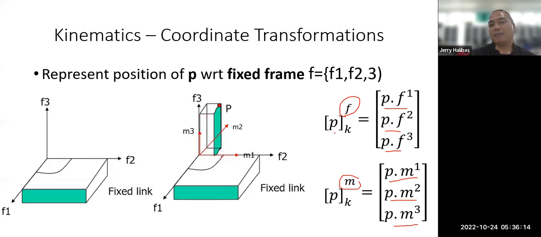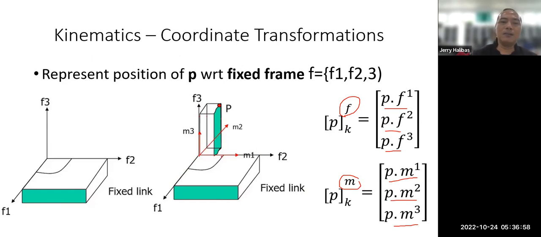Is the vector P with respect to the fixed frame equal to the vector P with respect to the mobile frame? Do they have the same result? They are not the same. The mobile frame has its own coordinate frame, and the fixed frame has its own coordinate frame.